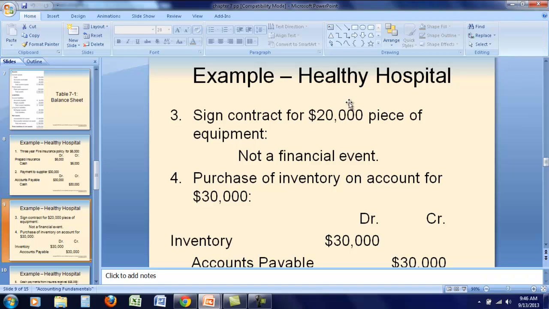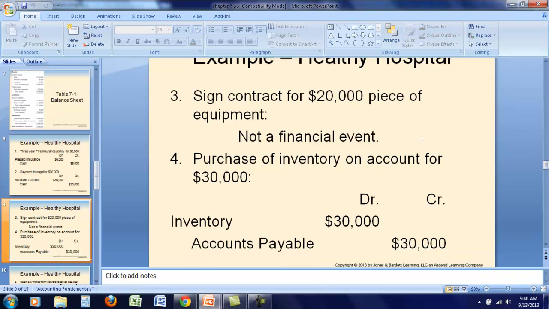And then you credit accounts payable to note that you have a liability that you owe that company the $30,000. Anytime you would receive inventory, you would write this. Say you had paid cash for the inventory instead of accounts payable, you would use the cash account.